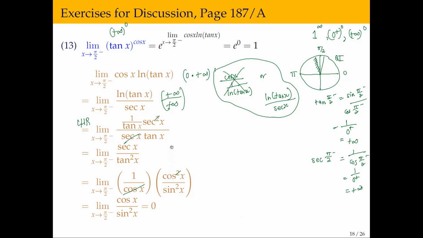So i-recap lang natin, ano bang nangyari dito sa number 13? So, ang sabi natin, kapag nakita ka ng function raised to a function, i-verify mo kung alin siya dito sa tatlo. So, it's either 1 raised to positive infinity, 1 raised to negative infinity, 0 plus raised to 0, o kaya naman positive infinity raised to 0.